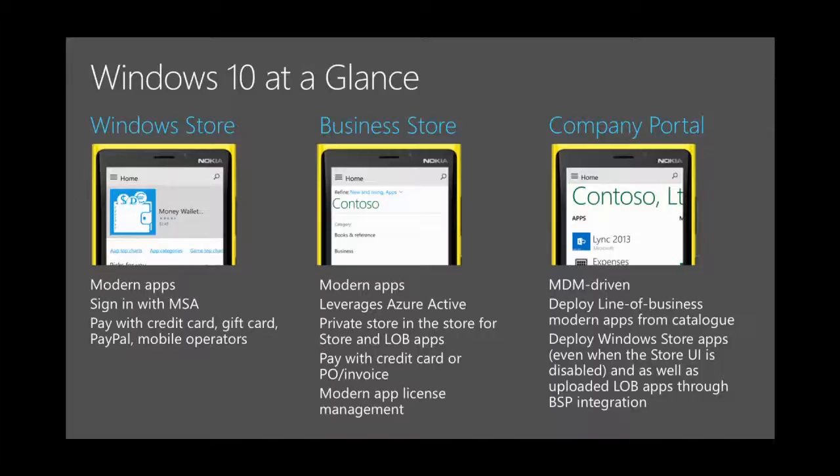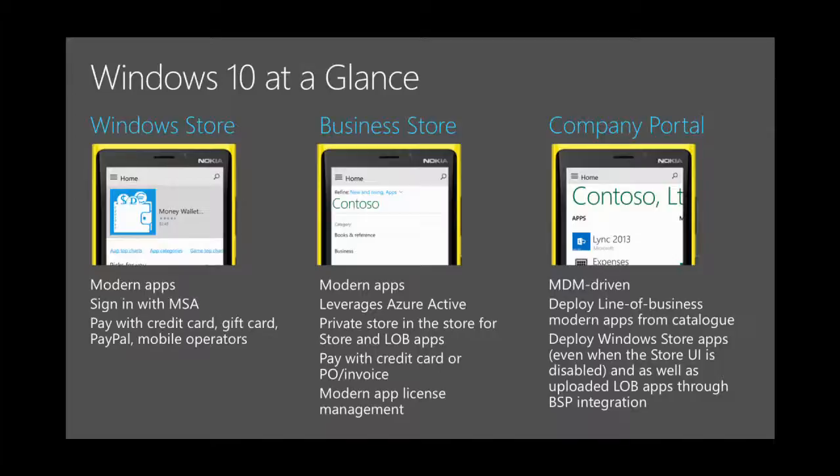And then you can also host your apps. You create your own store in the store, host your apps, as well as the apps that you purchase from the store, in the Microsoft Cloud, right? And your users will have to log in there and purchase them.